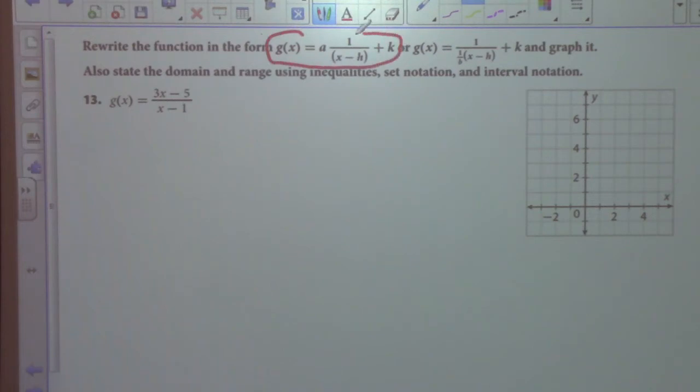We're not going to use this form here. We're going to use this form here, okay? It's just going to make things easier for us. Now, do you have a strategy for getting from this form up to this form?